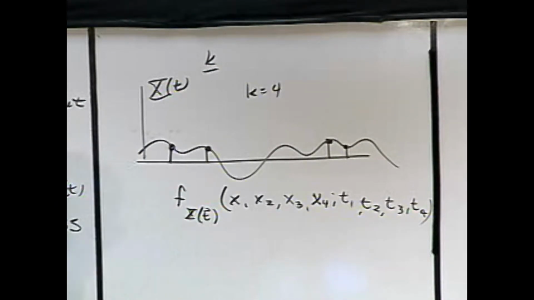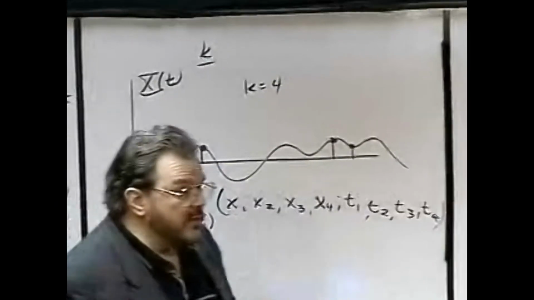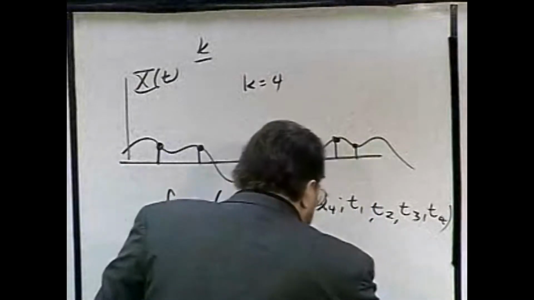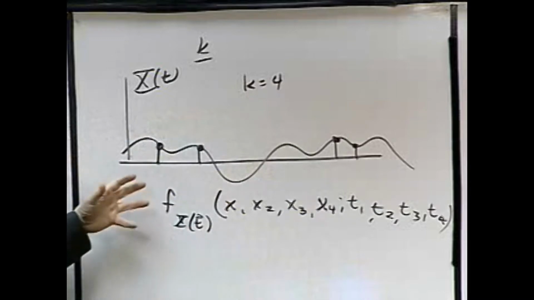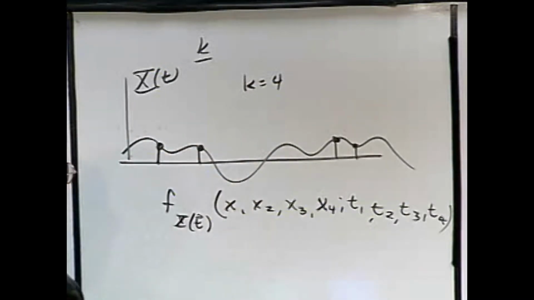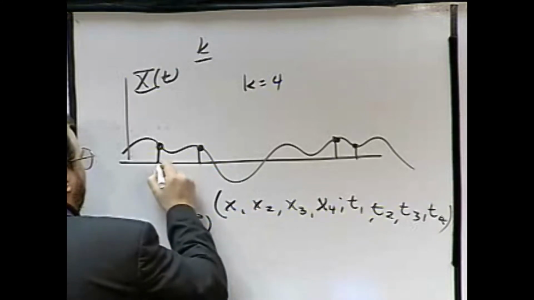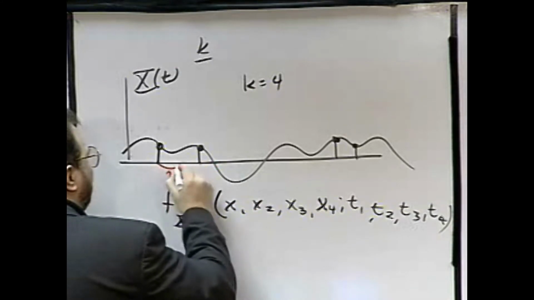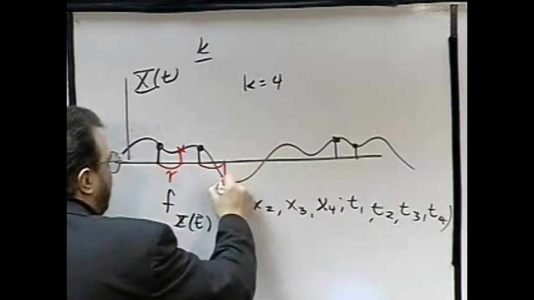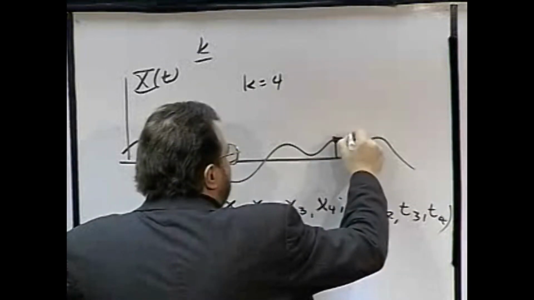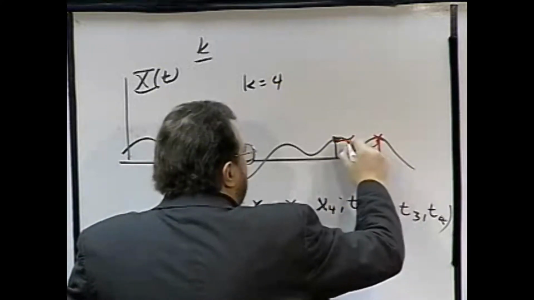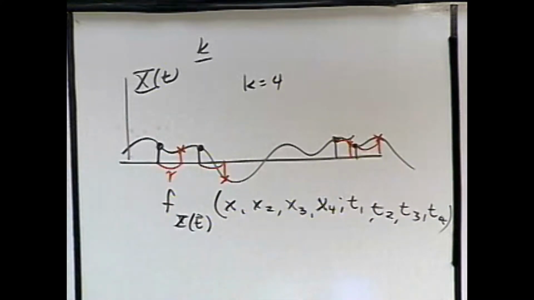Now, stationarity means, again, what does it mean? The character doesn't change with respect to time. So if it's the same before, now, and in the future, then we should be able to move this over, say, an amount tau, take a new point here, move this over tau, take a point here, move this over tau, take a point here, move this over tau, take a point here, and we're going to have some new random variables.